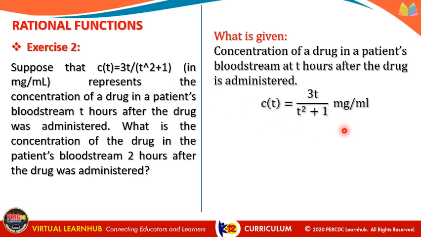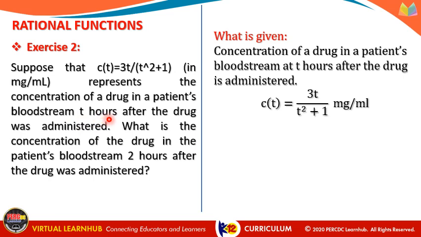Ito yon. So you have 3t over t squared plus 1. Naka-indicate naman po na itong function na ito ay may unit na milligram per milliliter, as long as itong t is naka-hours. Naka-indicate naman dito na yung isa-substitute mo na t dapat in terms of hours.